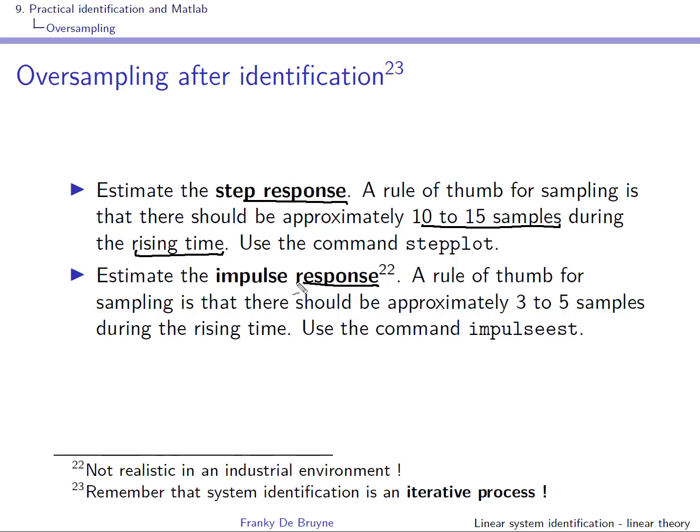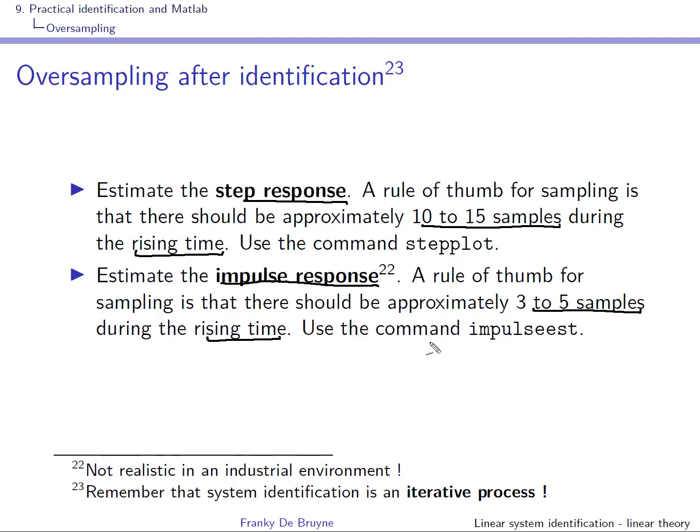If you use the impulse response as a rule of thumb, there should be 3 to 5 samples per rising time. So make it a habit to first identify either the impulse or step response, check if your TS is correct, right? And if not, well, you'll have to decimate the data.